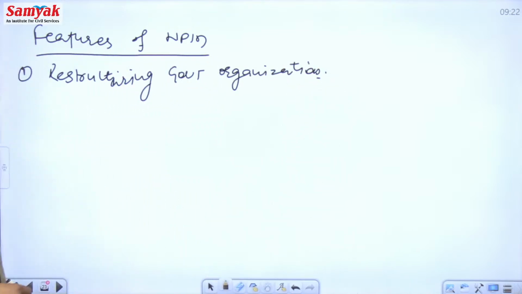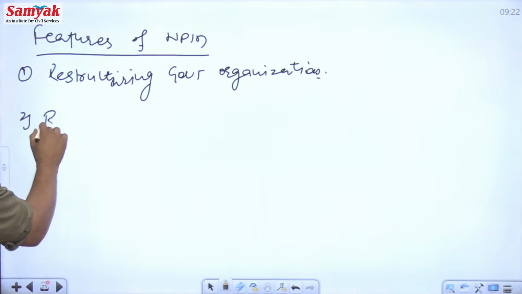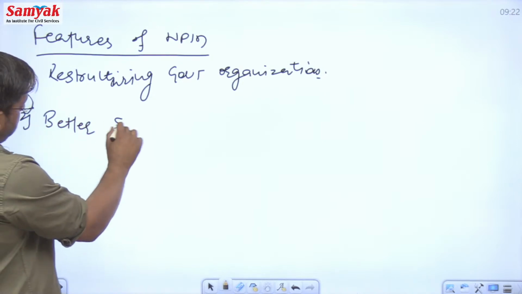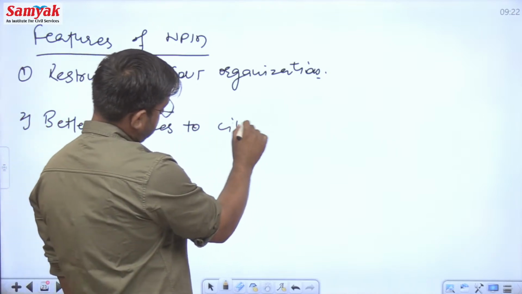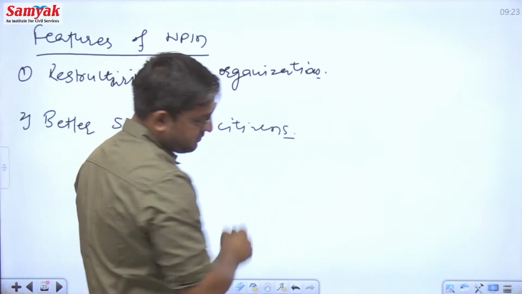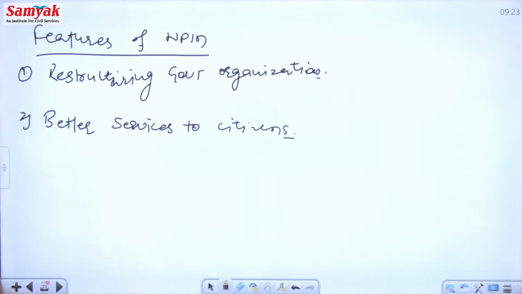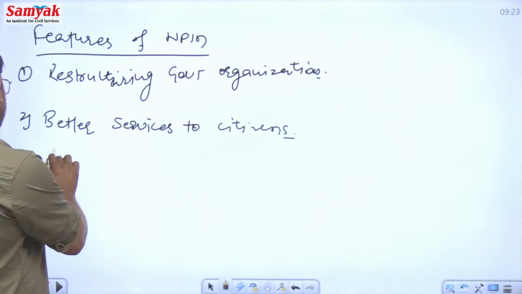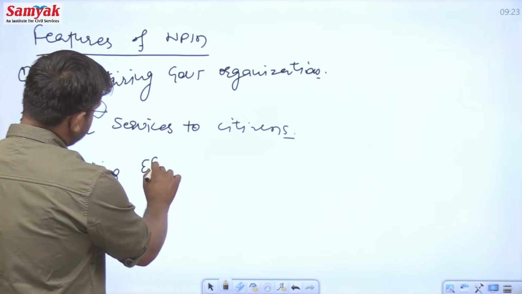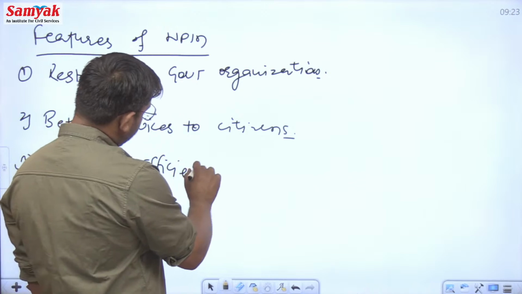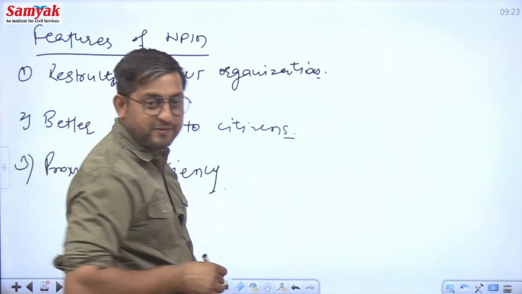Similarly, it talks about better services to the citizens. Similarly, it talks about promoting 3 E's or promoting efficiency specifically, or we can call it the optimum utilization of the resources basically.